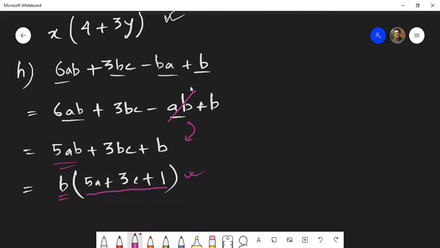And this is exercise 5.4, number 4H. Yeah, this one is correct. My one is correct. Yay.